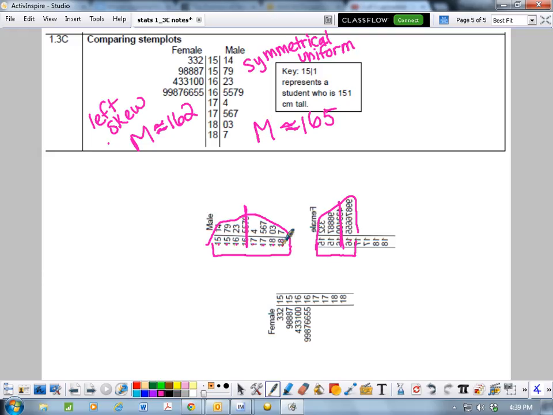Males have a higher median than females, at about the upper 160s versus the lower 160s. Males are definitely more spread out, and you could use range or an IQR to describe that. Females are way more condensed, less spread. It doesn't really look like there are outliers on either one. There's nothing that seems really extreme. All of these are just different ways to compare. And remember, practice writing. The more you write it out, the better you get at this description.